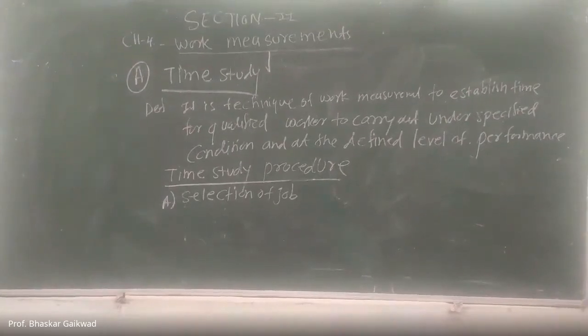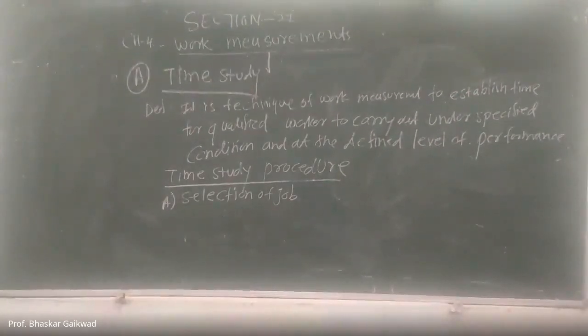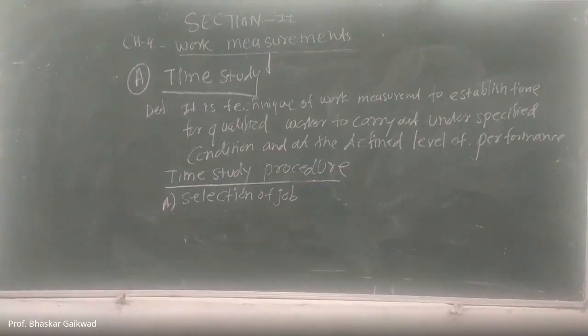First, jobs for which the time study is not yet done, such a new job. Second, so many operations are required on the job, but because of one operation, the total operation is stopped. Such jobs we require.